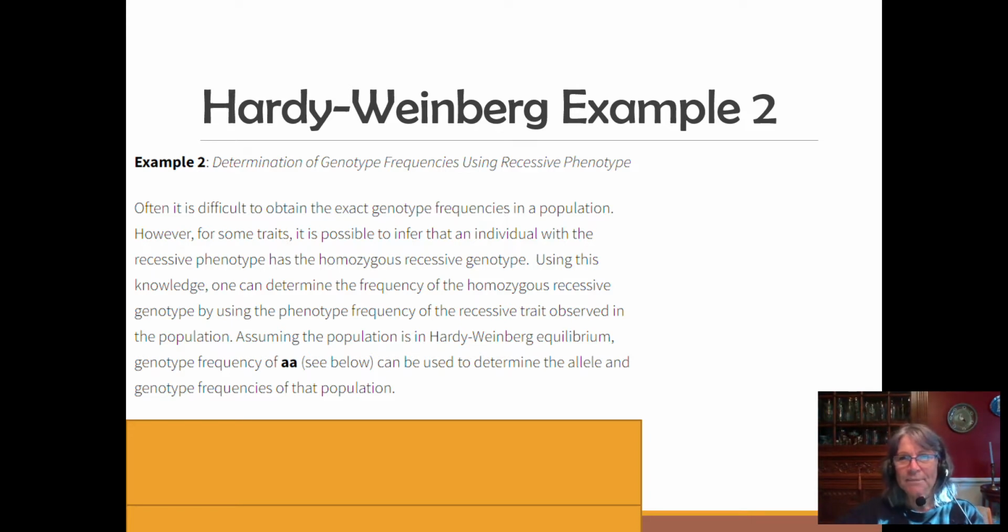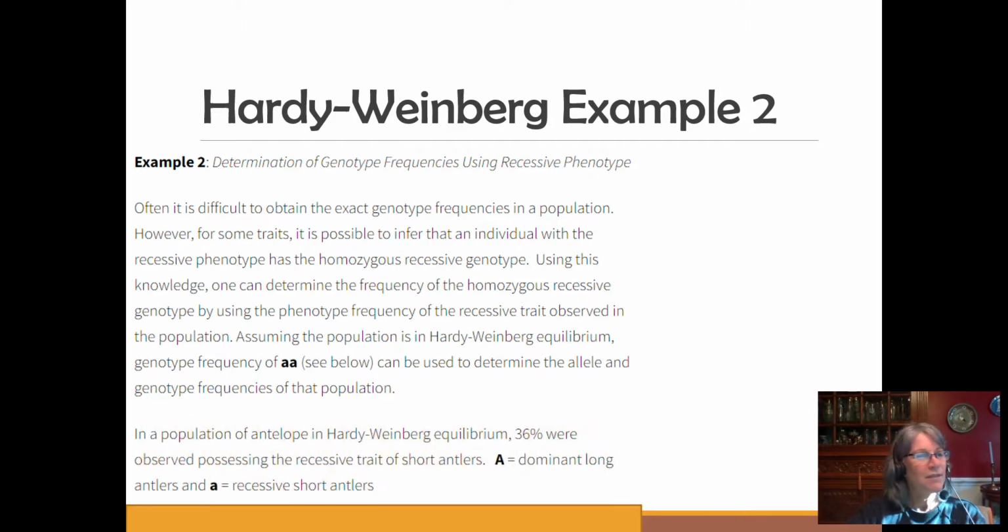So I can look at that, my lowercase a homozygote recessive individuals, to plug in and work in reverse to solve my Hardy-Weinberg equation. So if we have a population of antelope, they're in Hardy-Weinberg Equilibrium, 36% have the recessive trait of short antlers, where capital A is long antlers, dominant, and lowercase a is recessive. So I know my homozygote recessives are 36% of the population.